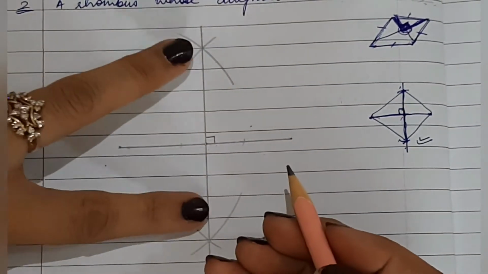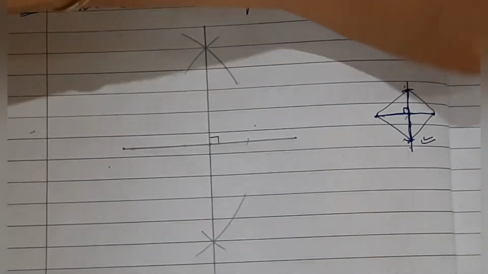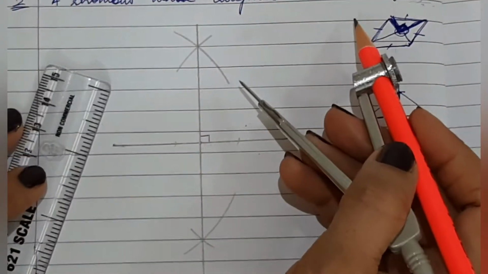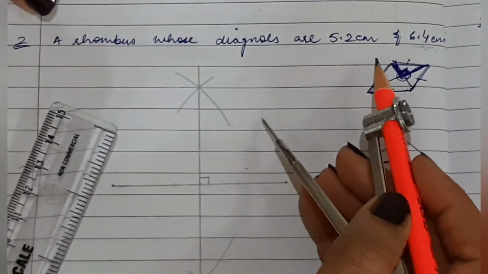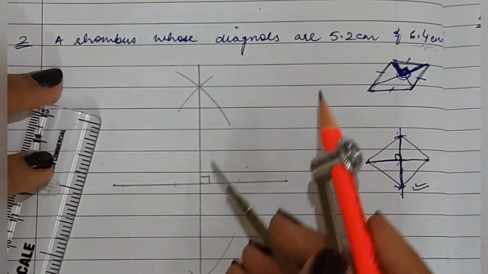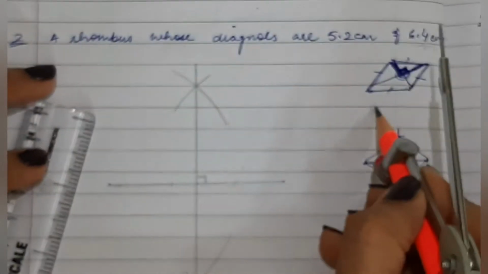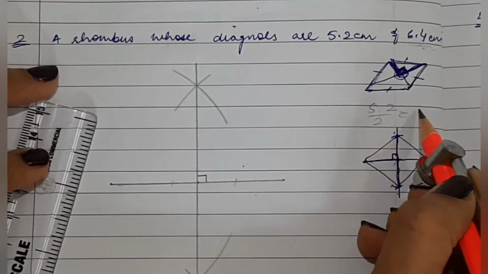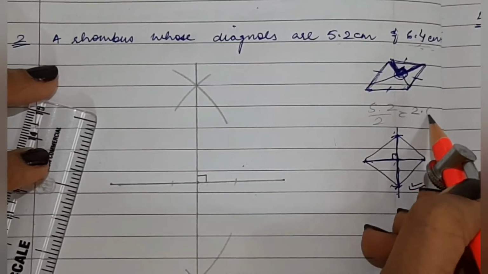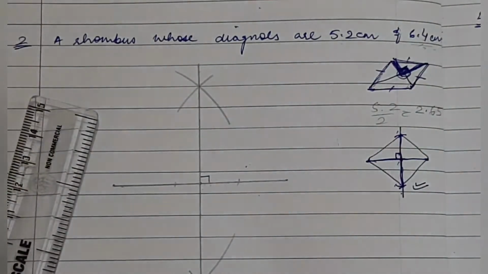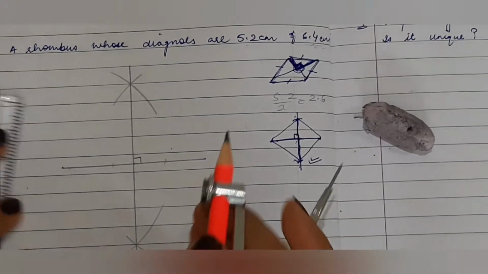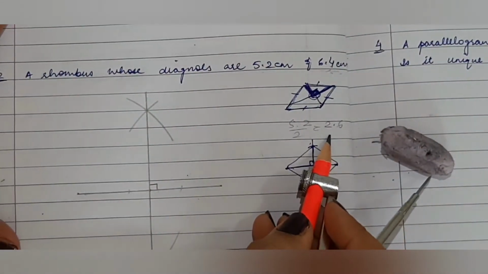Now I will construct the second diagonal over here with the help of compass, of course. Second diagonal is 5.2 centimeters. So I will construct half above and half below. Half of 5.2 is 2.6.